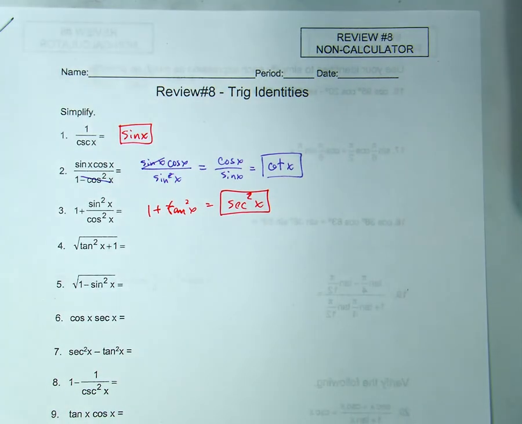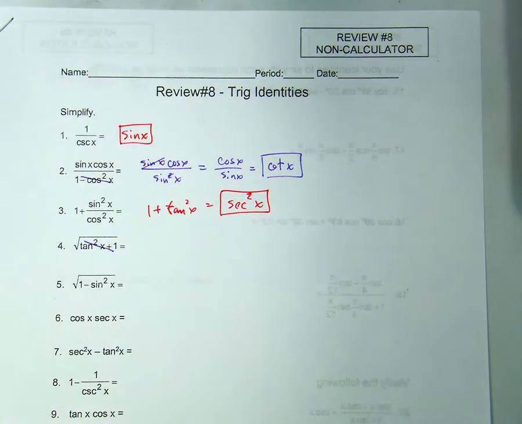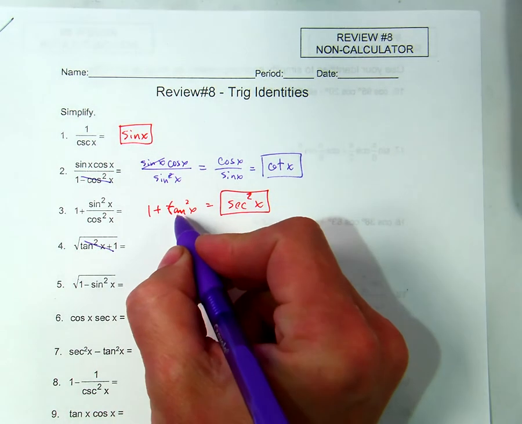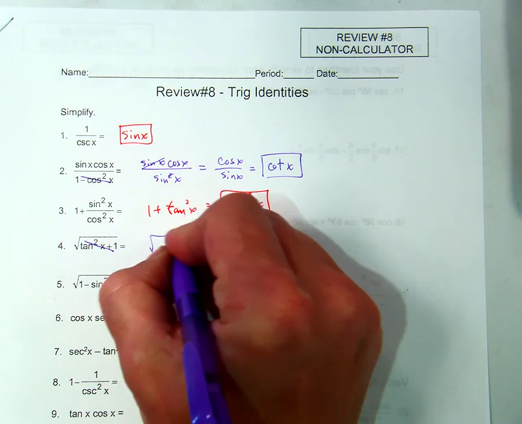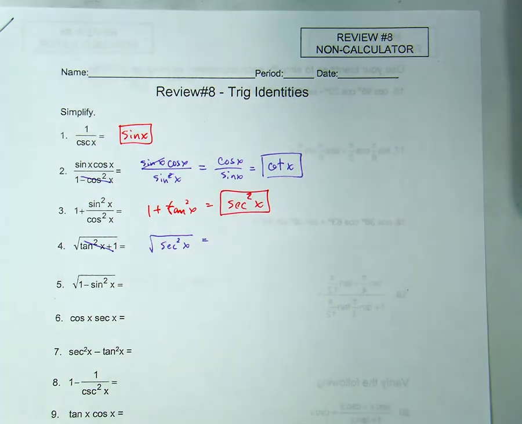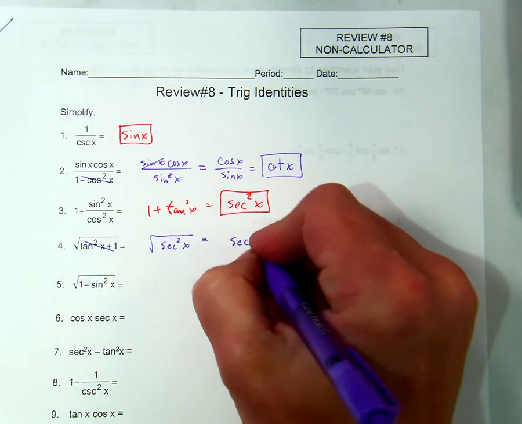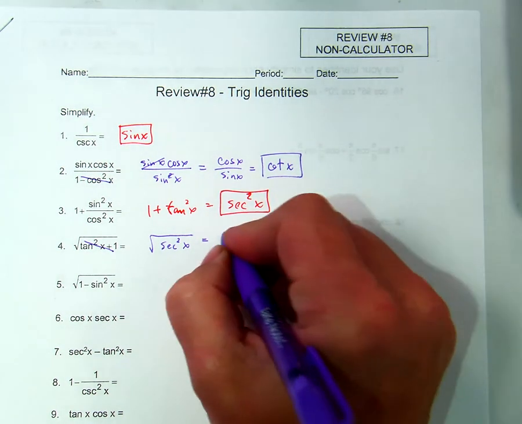And that is the answer to number 3. Okay, number 4. This right here is actually another Pythagorean identity, the same one we used on number 3. And so we're going to have the square root of secant squared x, and the square root of a square is just the thing itself. So we have secant x, which is the answer to number 4.